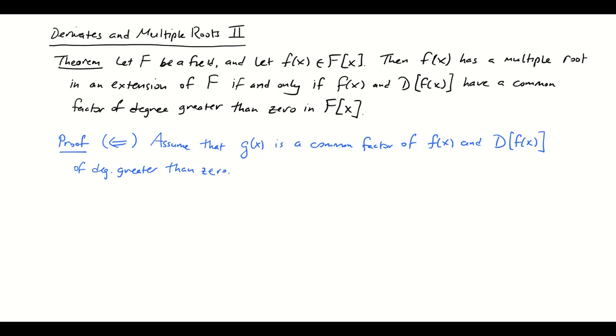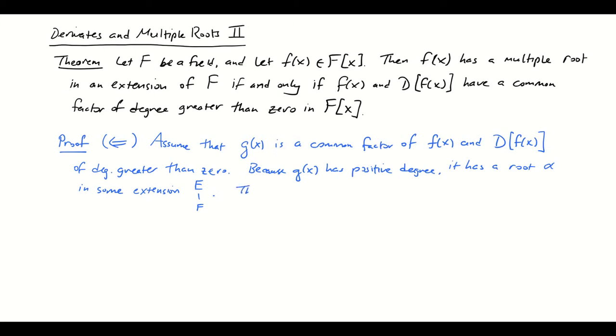So because g of x has positive degree, it has a root in some extension of F. Let's call that extension E over F. And furthermore, let's call that root alpha. All right, so g of x has some root alpha in an extension field of F.